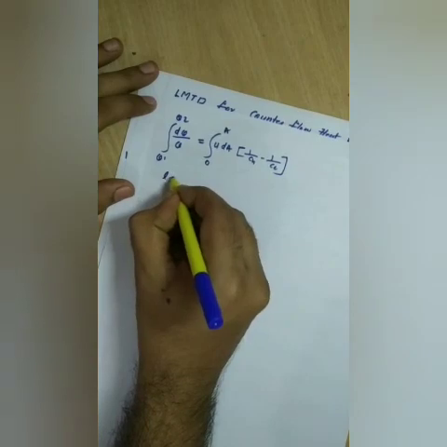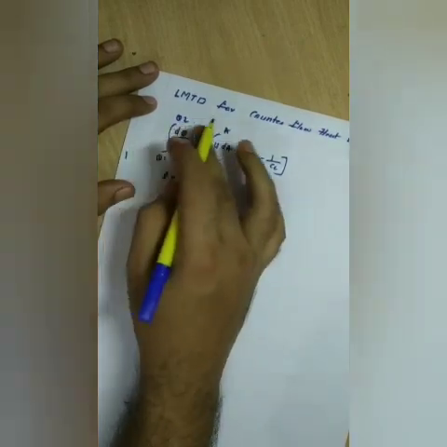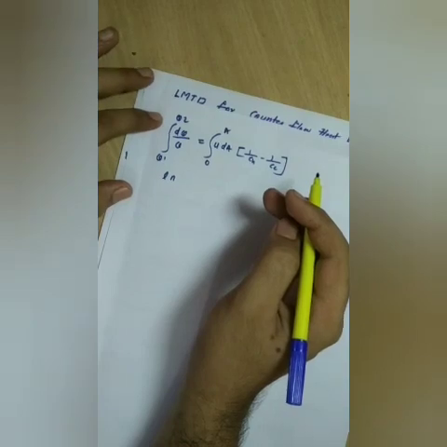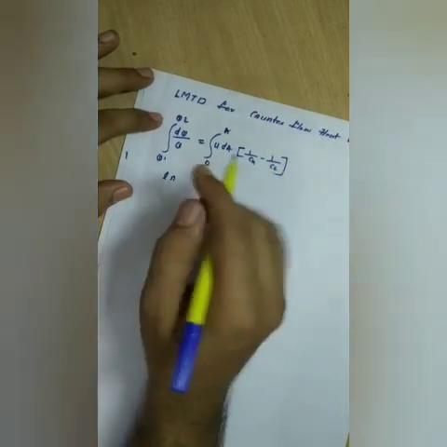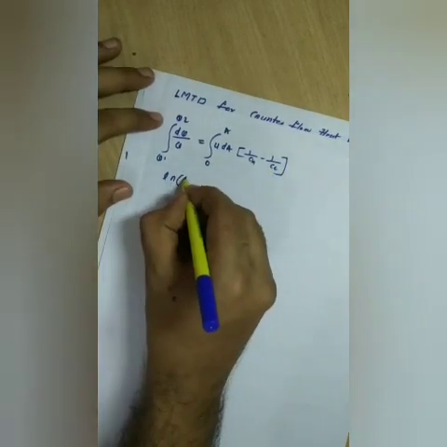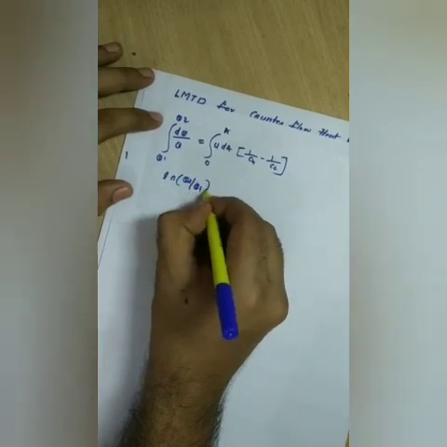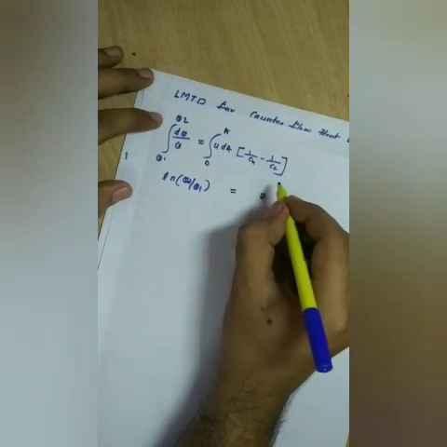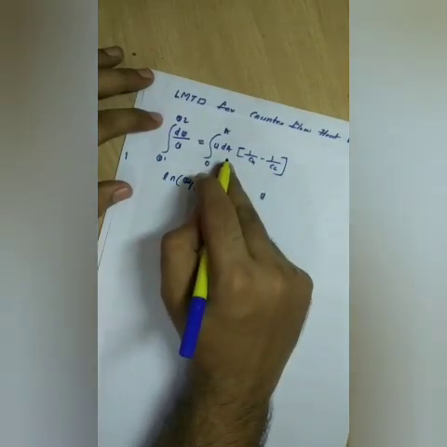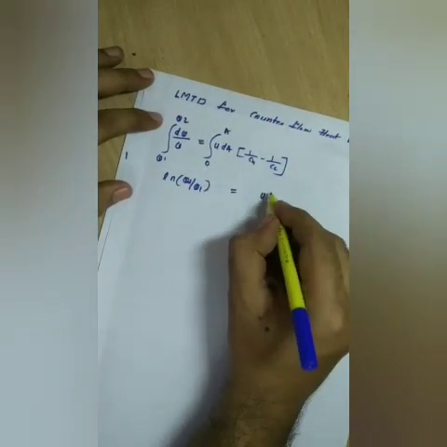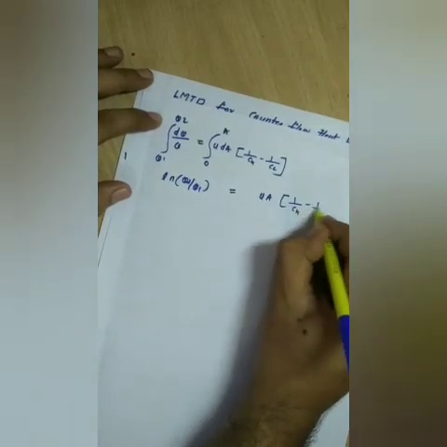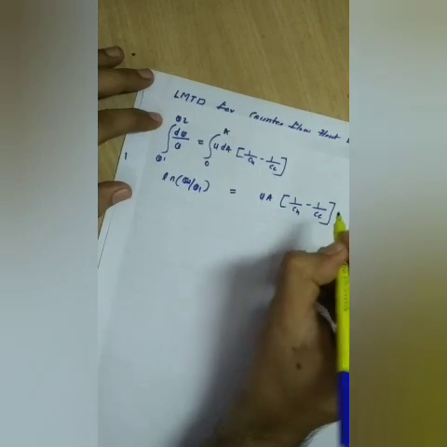Applying the limits, log theta 2 minus log theta 1 can be written as log theta 2 by theta 1. And this is U dA, applying the limits, area A minus 0, that is UA into 1 by Ch minus 1 by Cc.